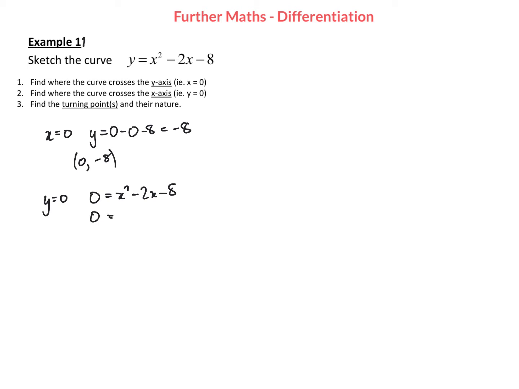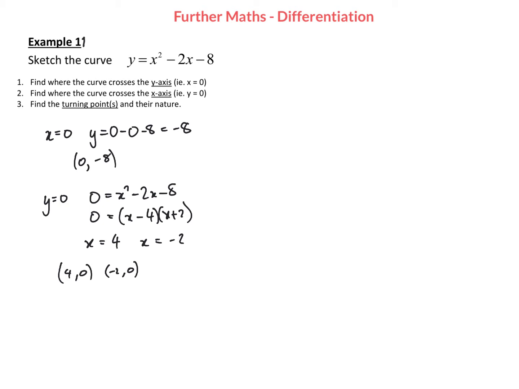In other words, 0 is equal to x minus 4 times x plus 2. And so x is equal to 4, or x is equal to minus 2. So we have two points. We have 4, 0, and we have minus 2, 0, because I know that the y coordinate is 0.